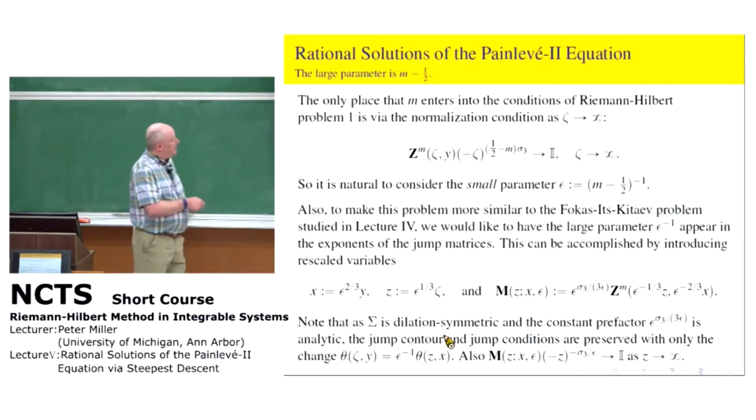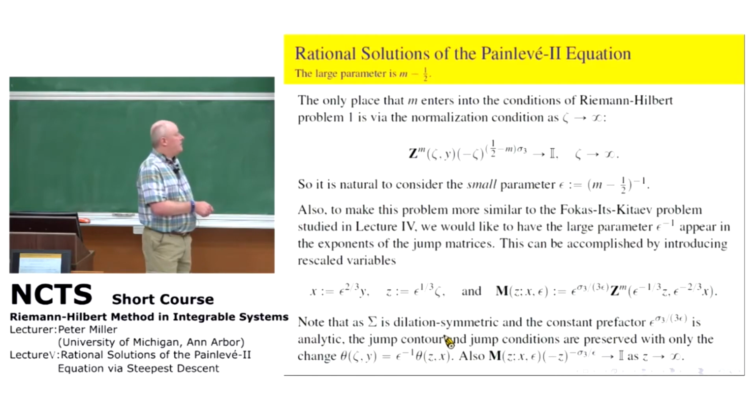Then we also take advantage of the fact that this contour sigma is invariant under this dilation scaling. So it's the same contour in the z-plane as it was in the zeta plane. And this constant prefactor is analytic, so it doesn't affect any jump conditions.